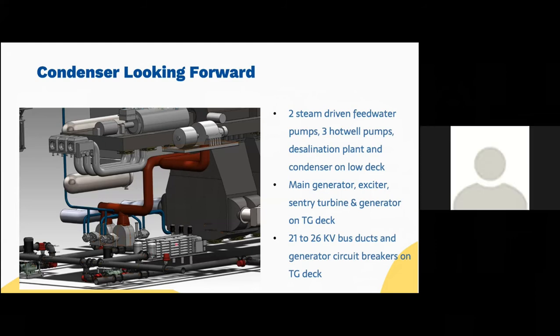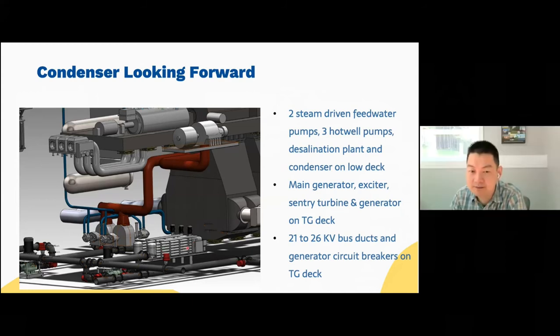And you can see the desalination plant right here. And of course, on the TG deck, there's a generator exciter, and there's a cable, the 21 to 26 kV bus ducts, and also the generator circuit breaker. They're all on the TG deck.